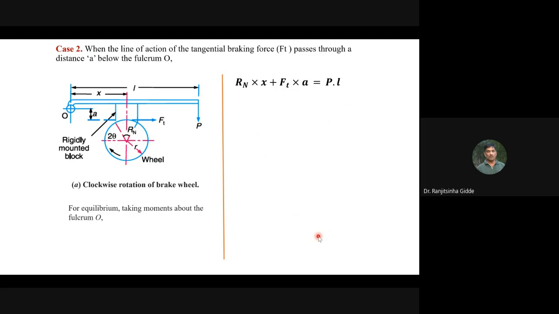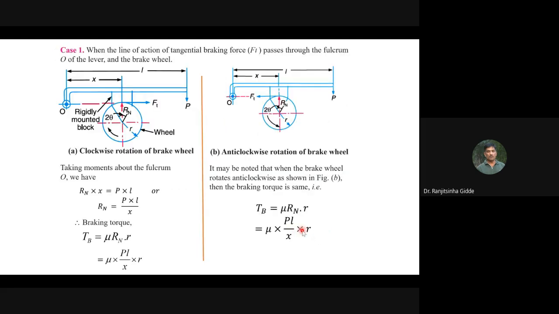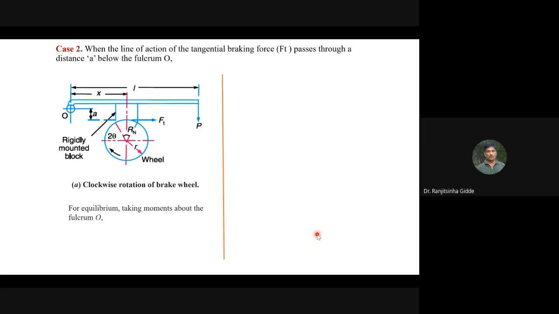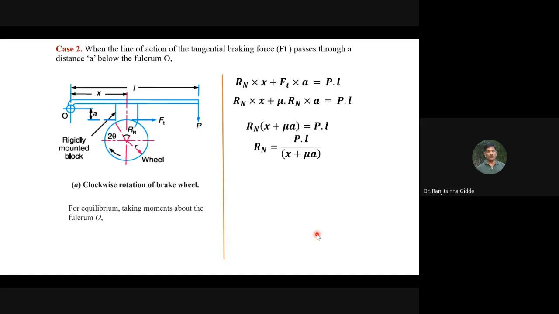So first we have seen this one is the TB whenever the line of action of the tangential braking force passes through the fulcrum. So this you should remember, or you should remember the figure, so that at the 11th hour you can estimate and write there. This is for the second.